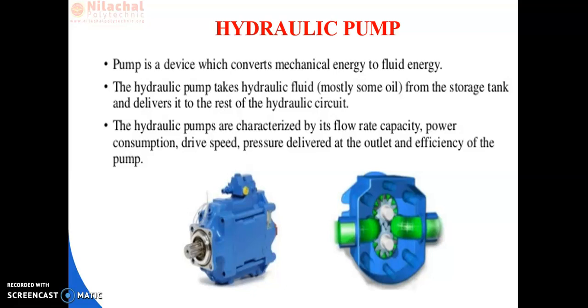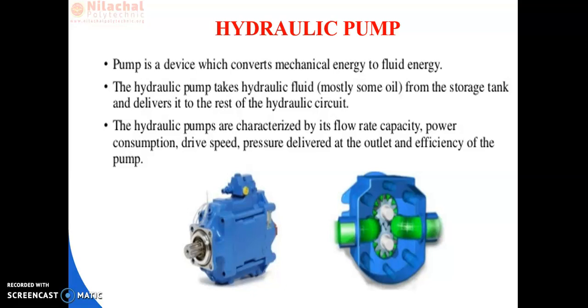Power consumption means the amount of mechanical power or electrical energy given to the prime mover, which converts electrical energy into mechanical energy and provides it to the hydraulic pump. So we have to see the speed with which the hydraulic pump is rotating.